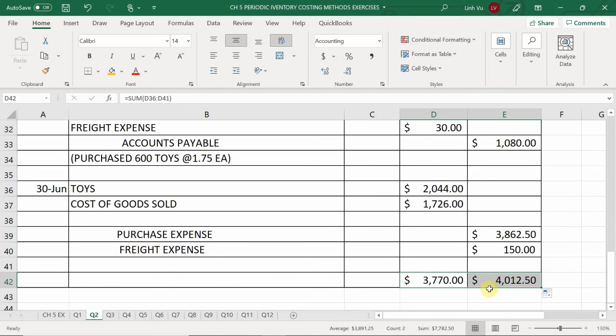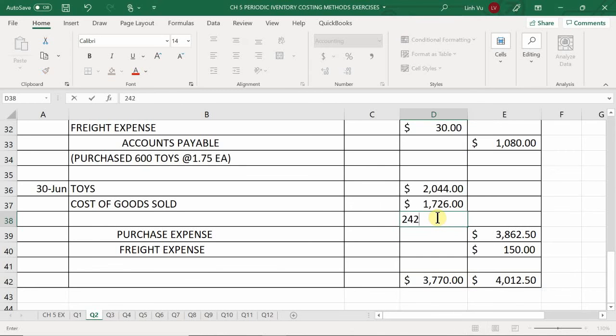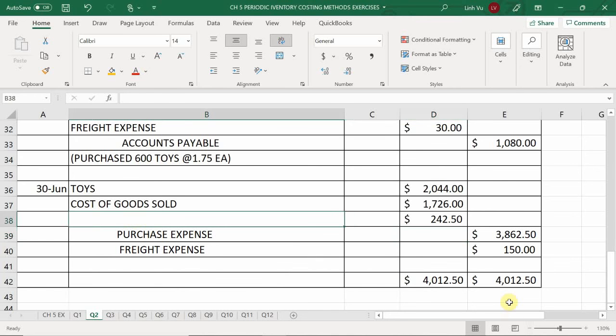Okay? What am I missing? Return and allowance. The return and allowance for $242.50, right? So again, that is exactly what gets plugged in here: the purchase returns and allowance.